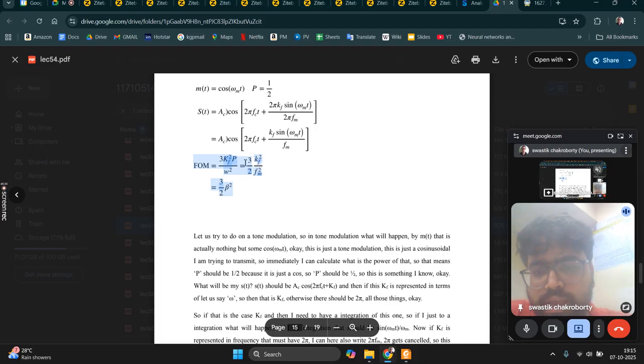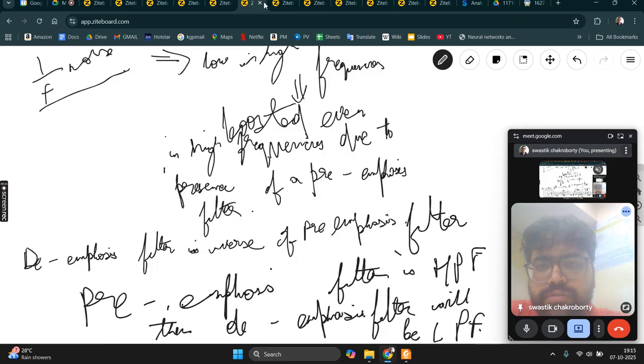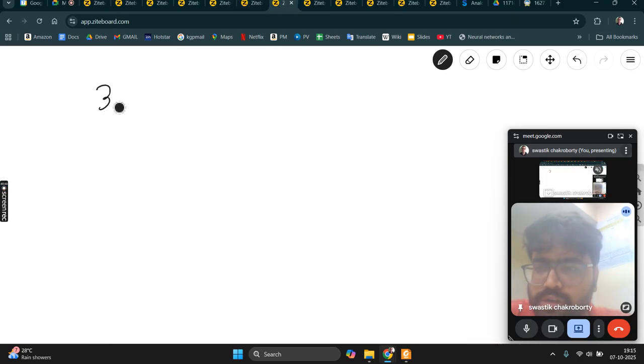But the exact expression is given here, 3kf square P by W square, where kf is the frequency to message signal conversion constant. So it is the frequency to voltage conversion constant.